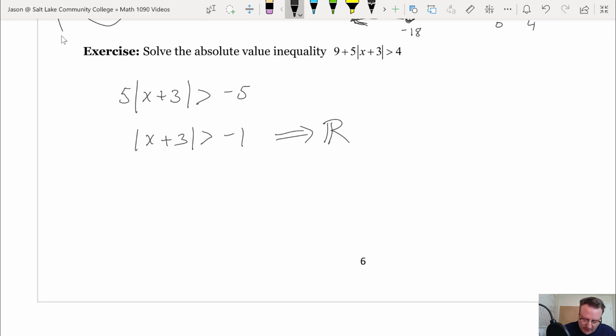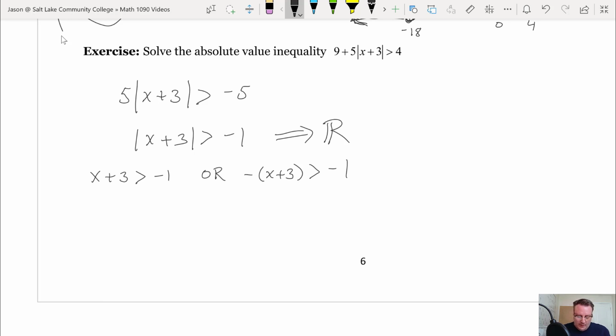So I rewrite this as, let's assume x plus 3 is positive, then the absolute value of x plus 3 is going to be just x plus 3. And we get x plus 3 is greater than negative 1. Or, now we assume x plus 3 is negative, and we take the opposite of x plus 3. And that has to be greater than negative 1.